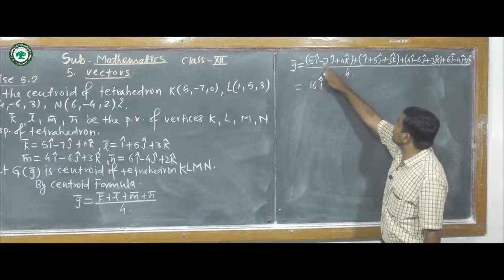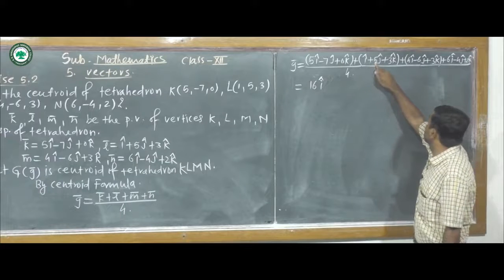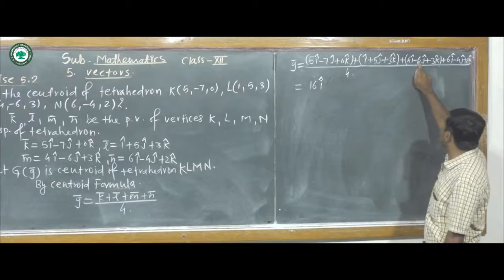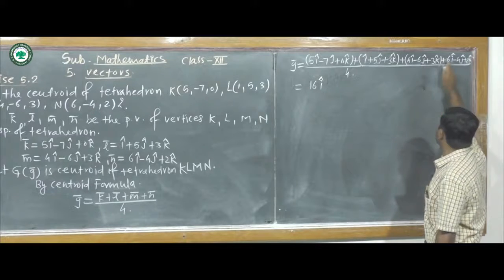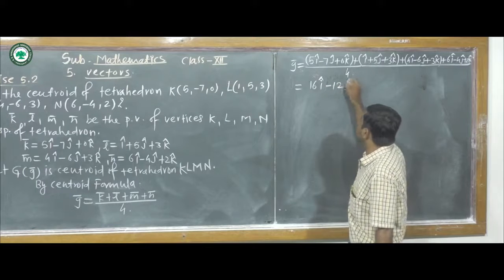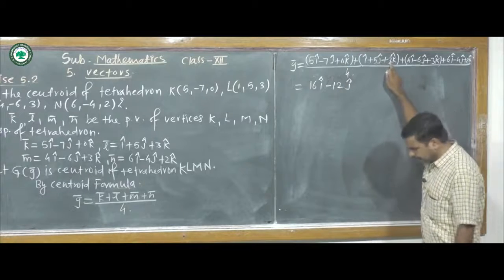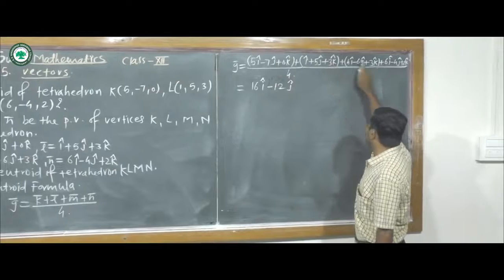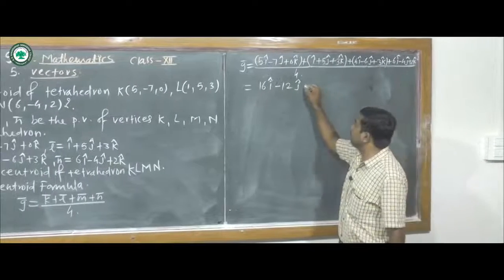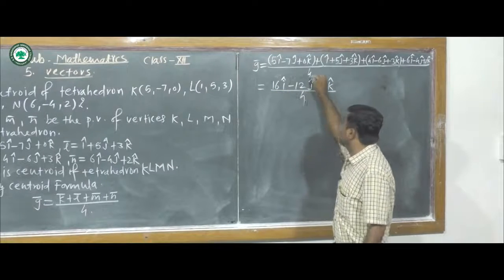See, minus 7j cap plus 5j cap, minus 2j cap, minus 6j cap, minus 8j cap, minus 8j cap minus 4j cap, that is minus 12j cap. Now k cap, 0k cap plus 3k cap, 3k cap plus 3k cap, 6k cap, 6k cap plus 2k cap, 8k cap, divided by 4 as it is.